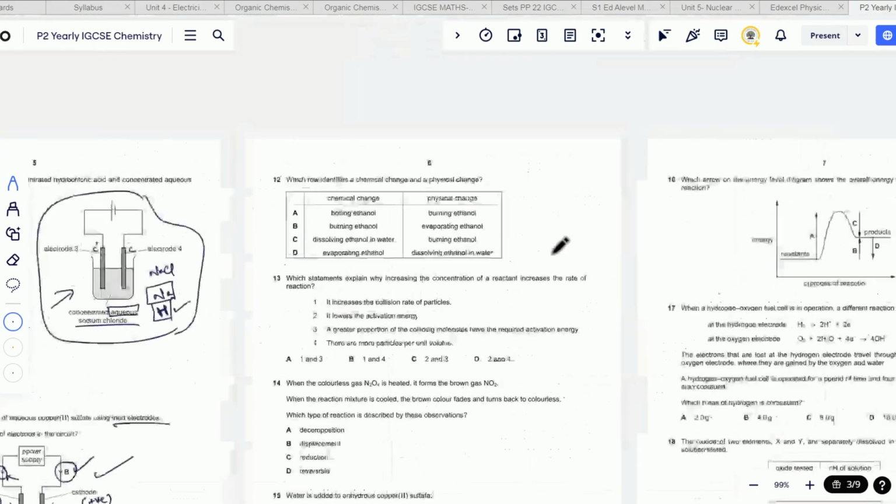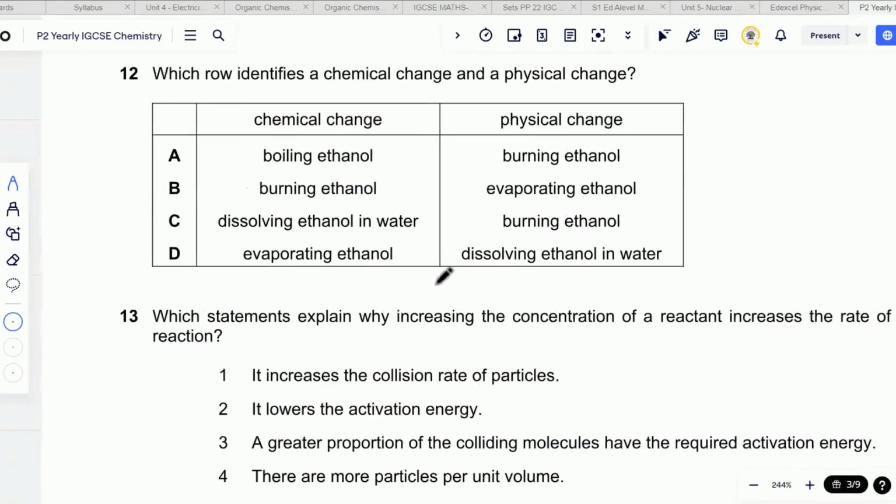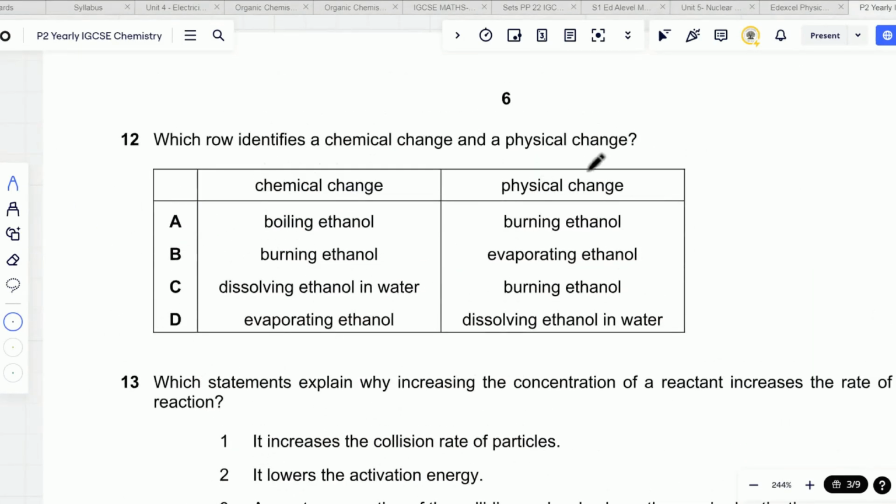Okay. Then question number 12. Which row identifies a chemical change and a physical change? Do you remember chemical and physical changes? You need to remember one thing.